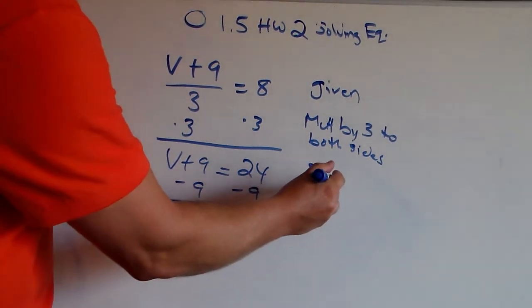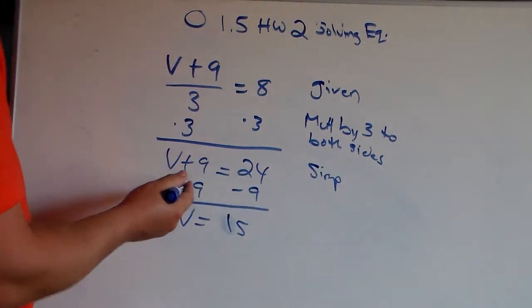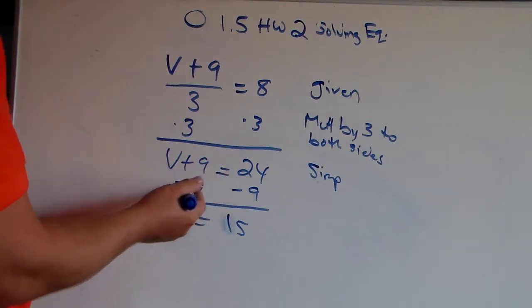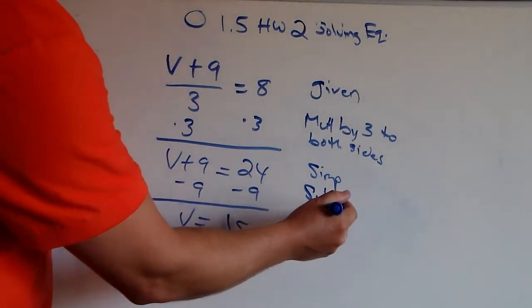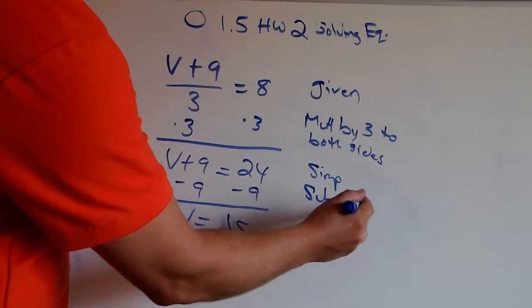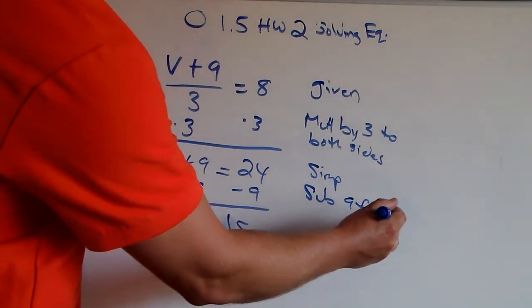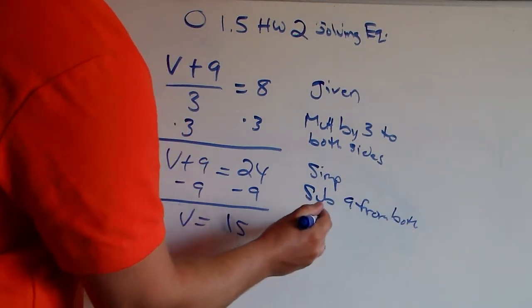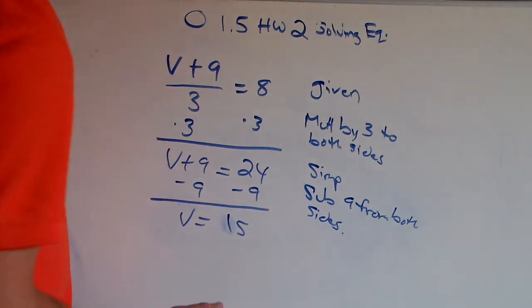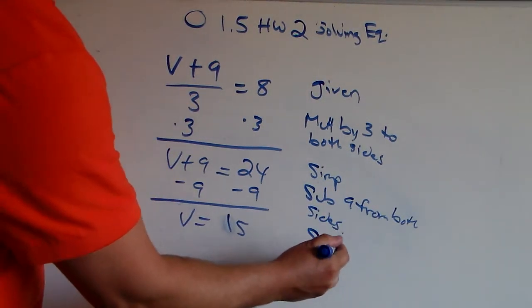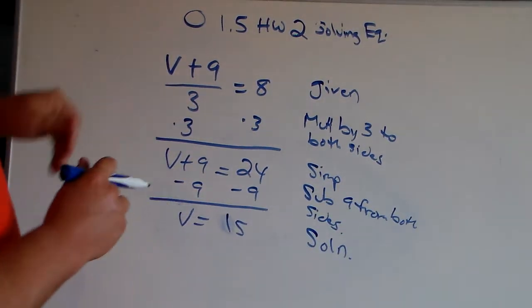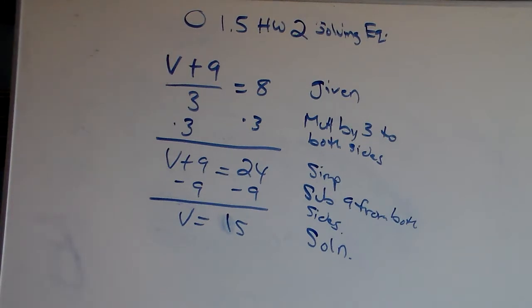Then we simplify, we made it prettier. We rewrote it, V plus 9 equals 24. Then we subtracted 9 from both sides of the equation. And then we got our solution, which is V equals 15, because 24 minus 9 is 15. And that's the answer to number 7.